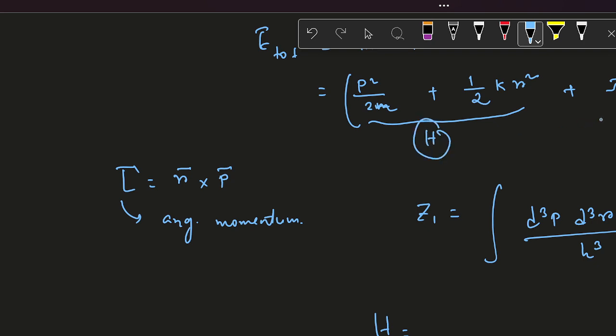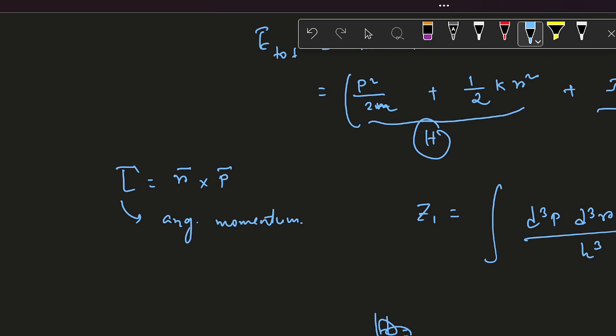This we term as H, and this is the additional factor coming from the rotation, and both of them give your total energy E total. So don't get confused when I write H. H is nothing but p squared by twice m plus half k r squared, right?